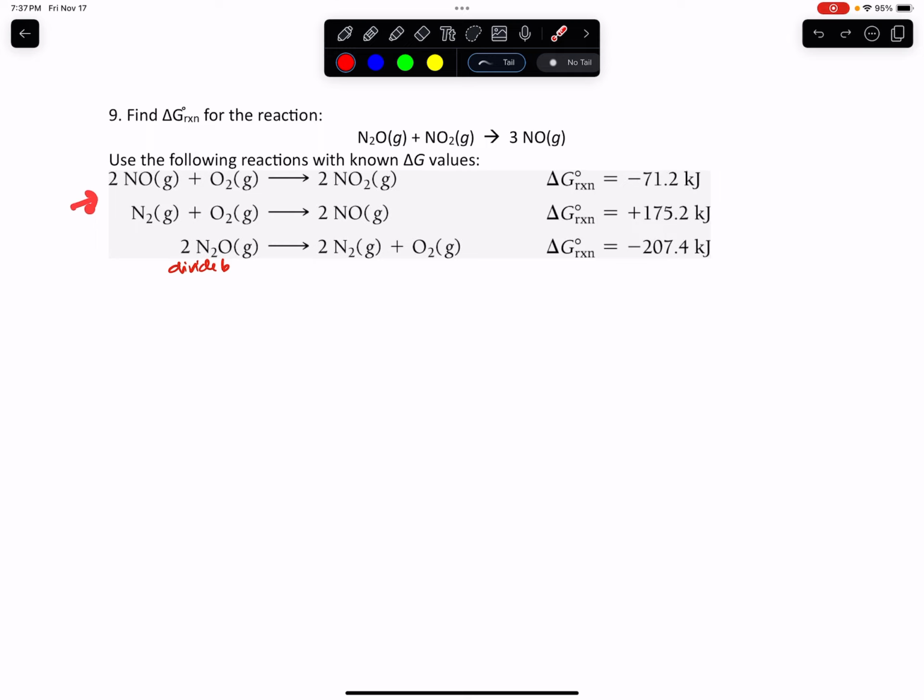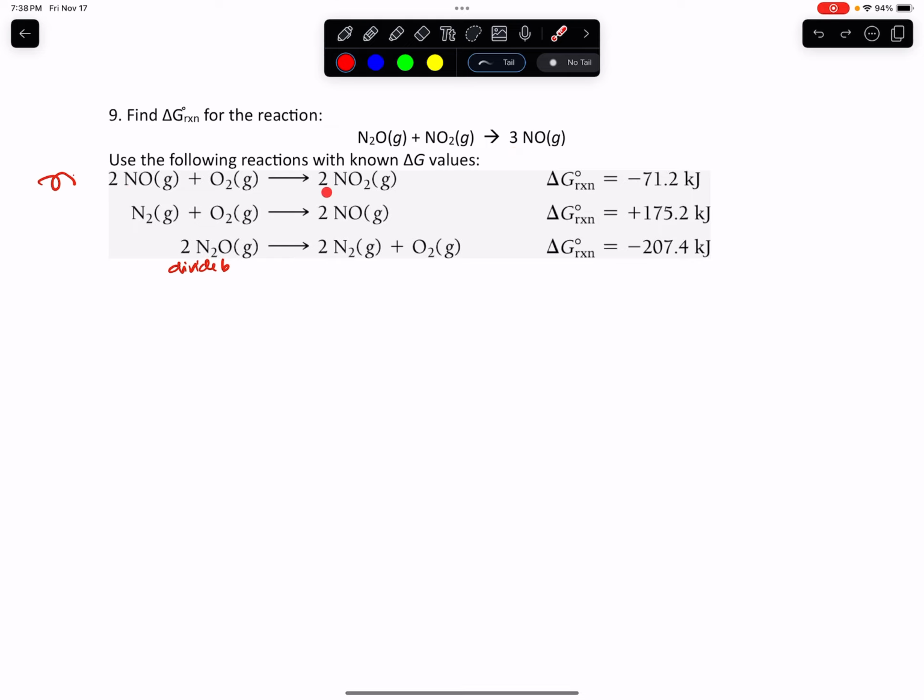Then take a look at the first reaction. We actually have NO on the left hand side, and in the reaction we're supposed to get, we have NO on the right hand side. So that means I have to take this reaction and flip it. Then I have 3 NOs on the right and 2 here.